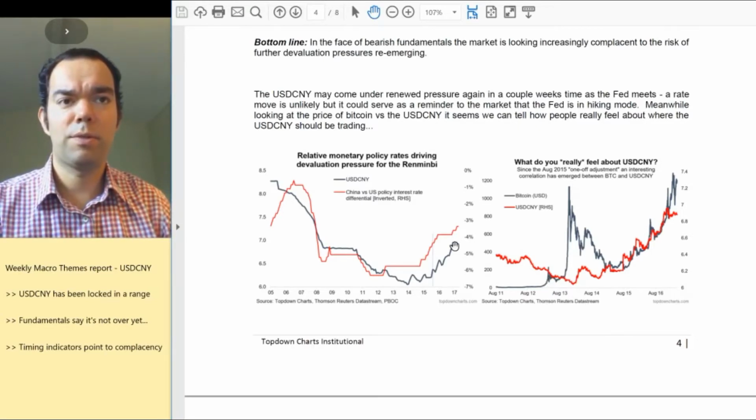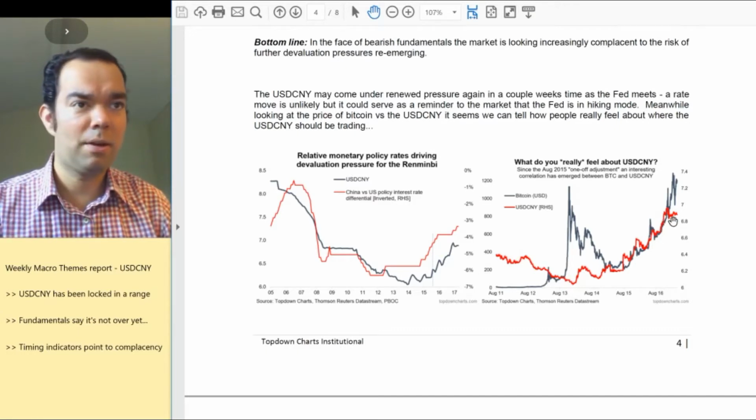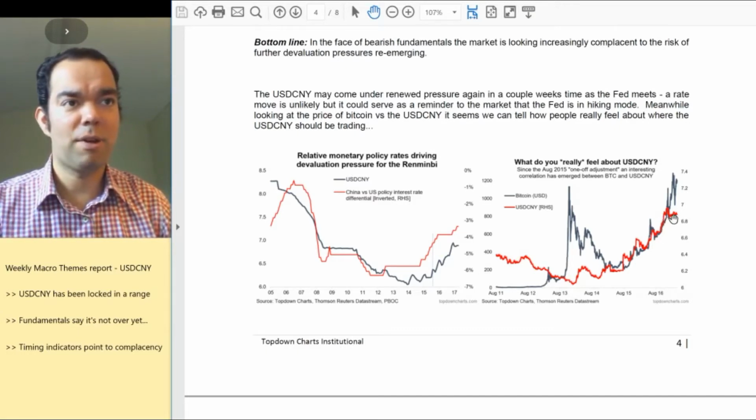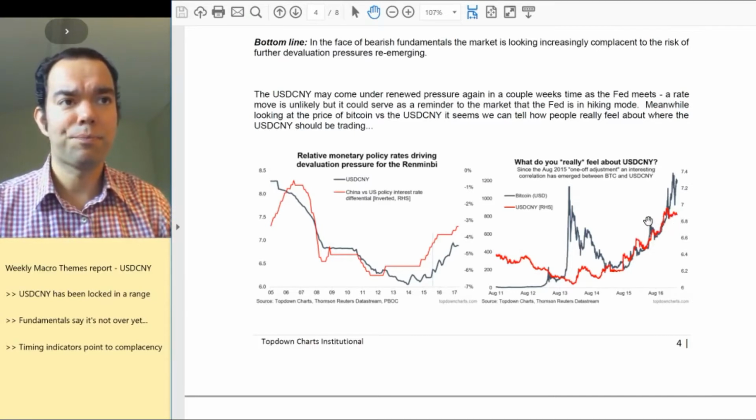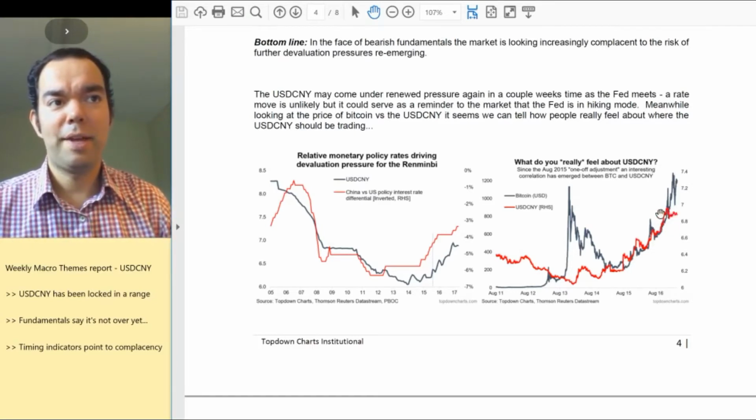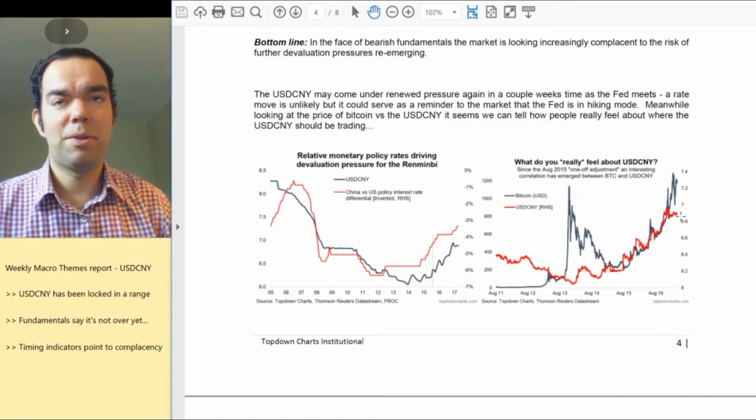So first thing to note is that you'll see there in the red line, that's the exchange rate itself. It's been locked in a very tight range after fairly persistent devaluation pressure on the Chinese yuan. And a lot of that, it's not that the fundamentals have changed. The fundamentals still continue to point to more devaluation pressures.